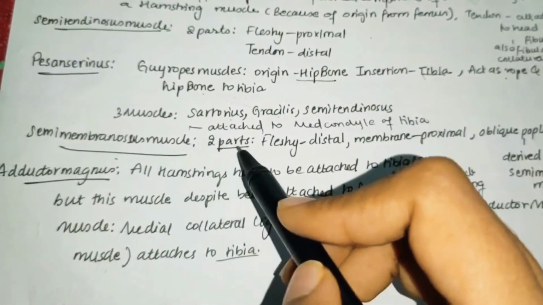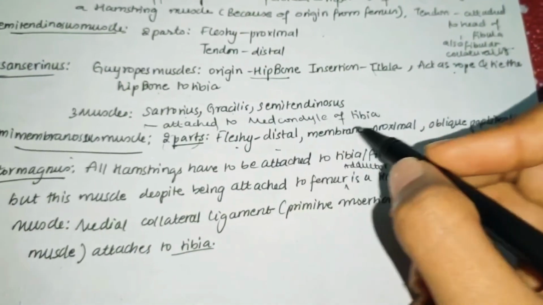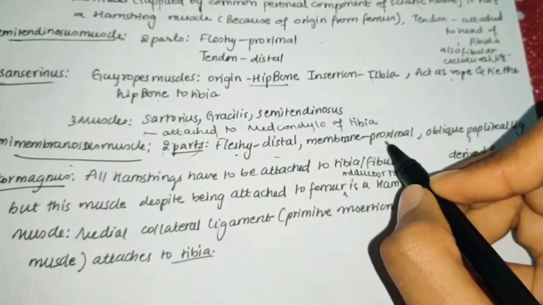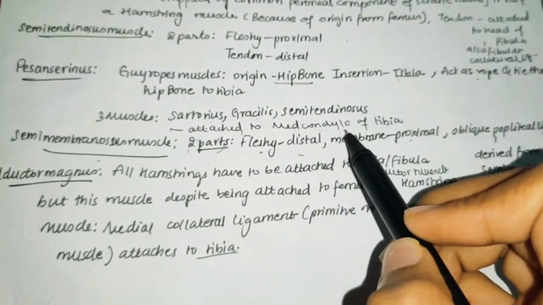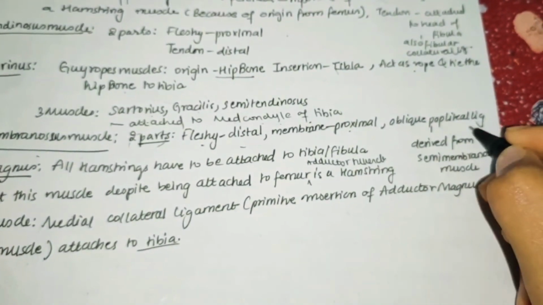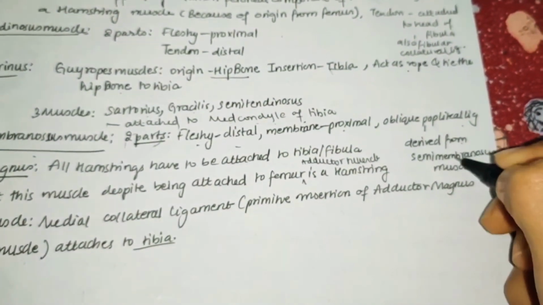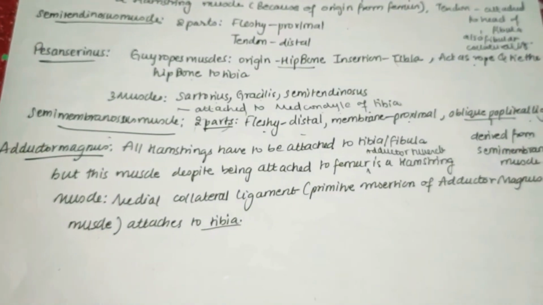Next, coming to the semimembranosus muscle. Actually this semimembranosus muscle also has two parts. One is the fleshy part, which is distal, and one is the membranous part, which is proximal. This muscle is also attached to the medial condyle of tibia, and it has an oblique popliteal ligament which is derived from the semimembranosus muscle. I'll show all these structures now.